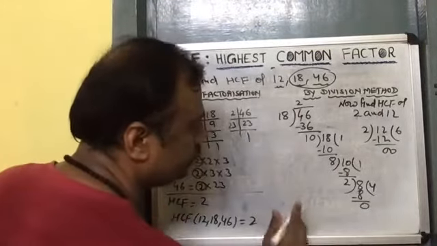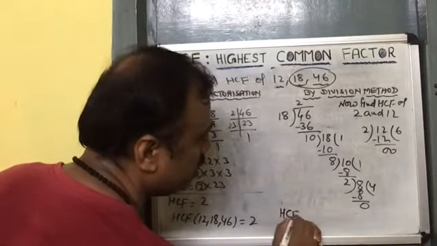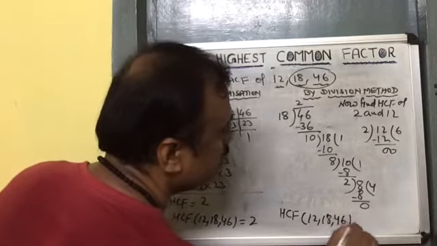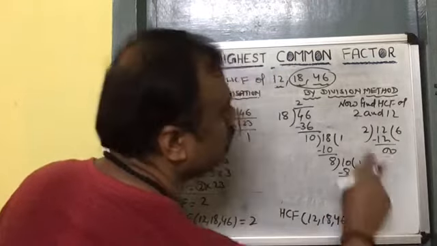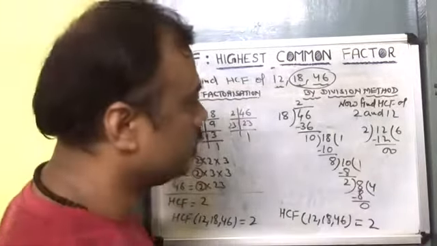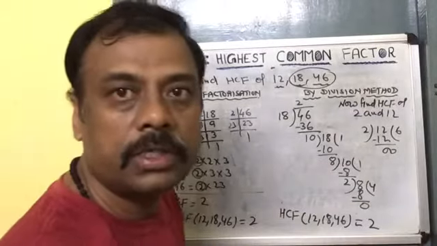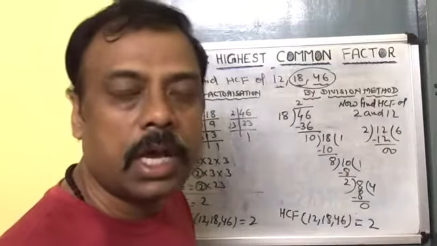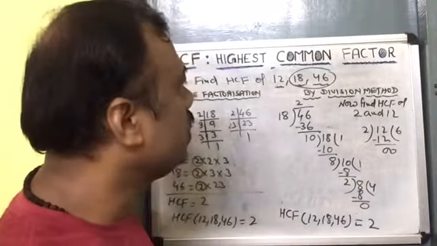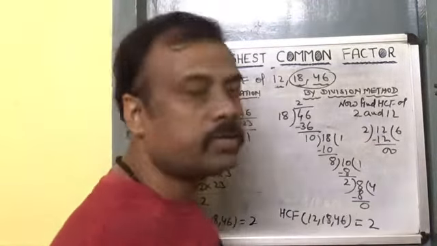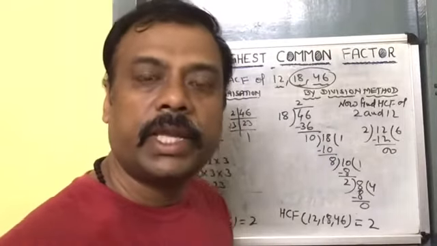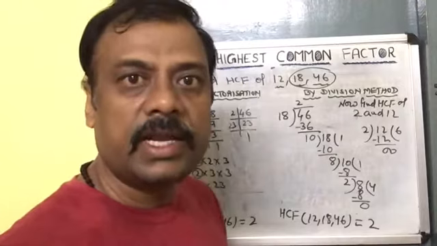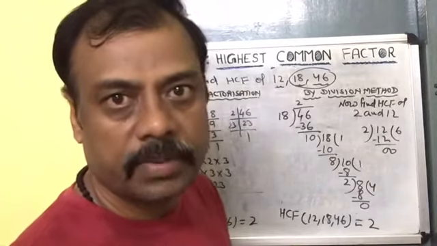So the HCF of 12, 18, 46 is 2. Let us recall it. What to do? If 2 or more than 3 numbers are given and we are asked to find the HCF, we will take any 2 numbers and find their HCF, and that HCF will be taken with the remaining number.